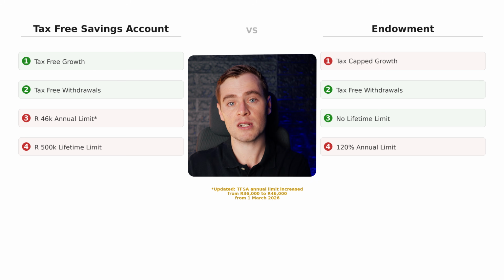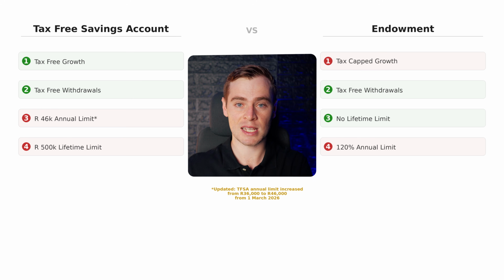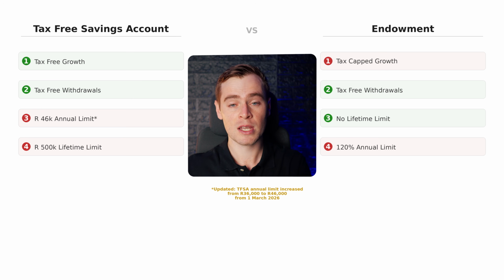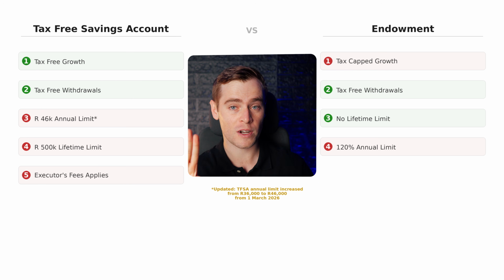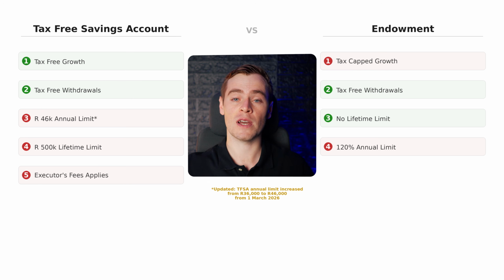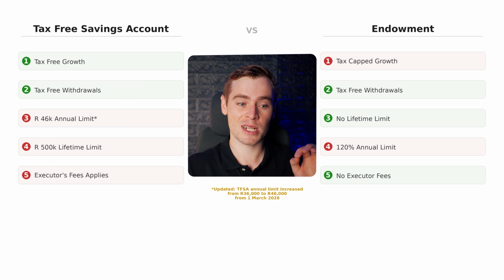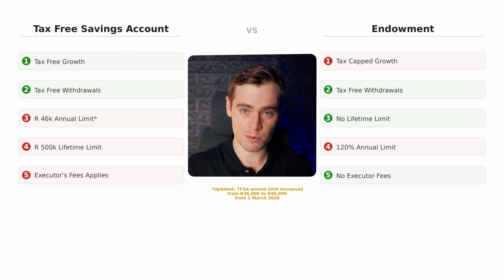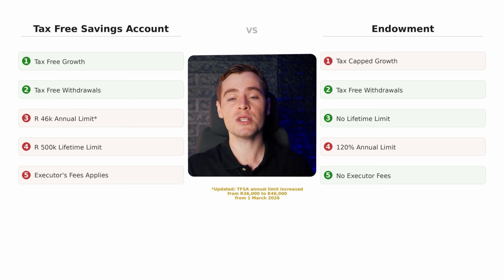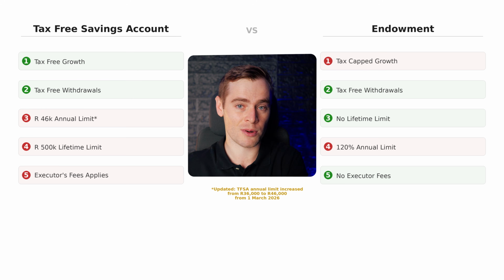Now, tax-free savings accounts will usually be dealt with by the executor of your estate when you pass away, which means he or she can charge up to 4.025% executor's fees on the value of your tax-free savings account. But with an endowment, you can nominate someone to either take over the investment when you pass away, called a life assured and beneficiary for ownership, or someone to whom the endowment should pay out directly, called a beneficiary for proceeds.